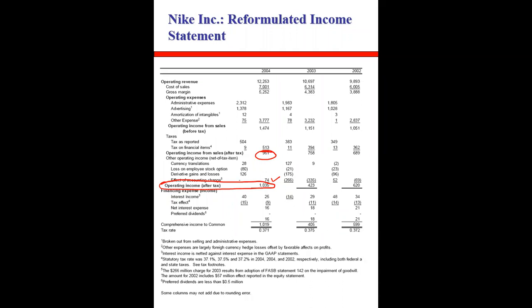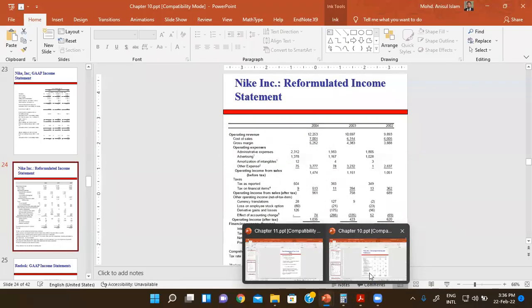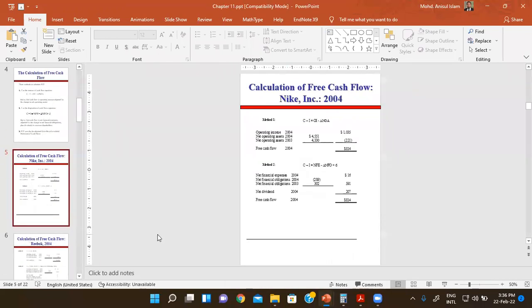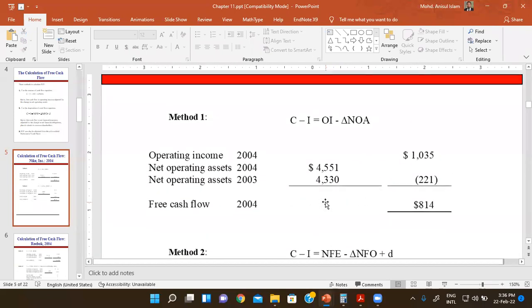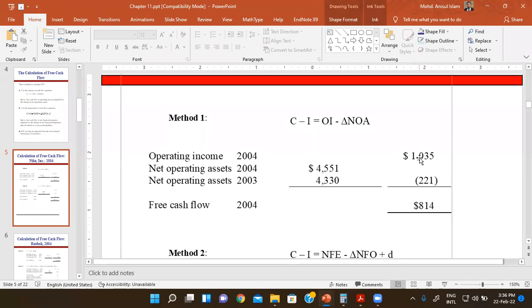So we are taking the operating income after tax, this number 1035.